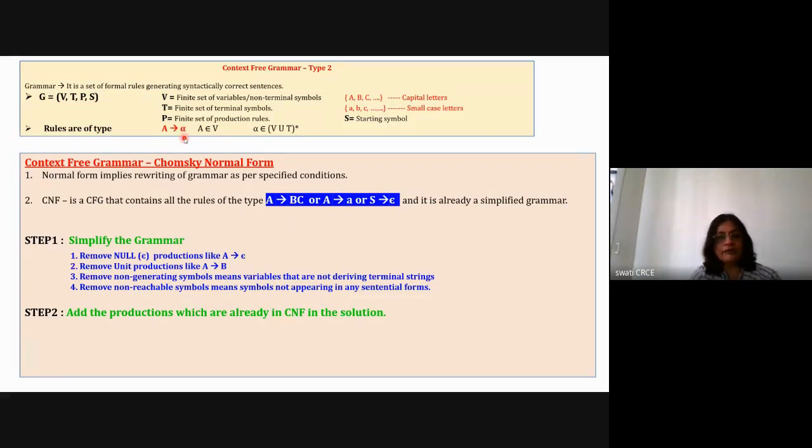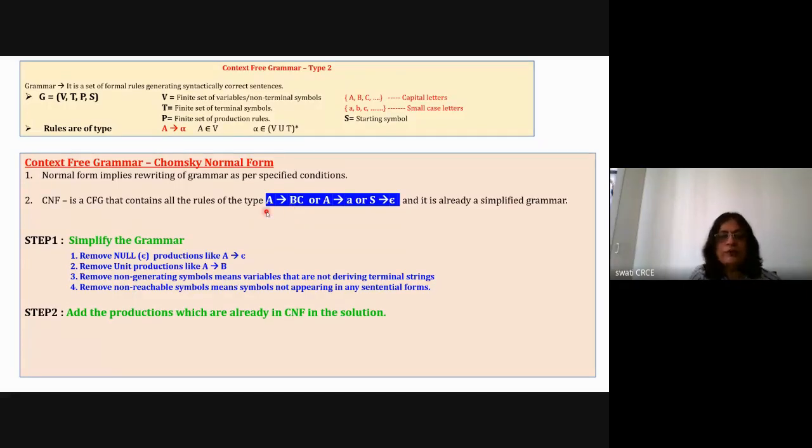But we can convert the existing grammar into this particular format where, if variables are there in the right hand side, there should be exactly two variables. If variables are there, there should be maximum two, not even minimum, they should be exactly two. We cannot have one variable or three variables or five variables on the right hand side.